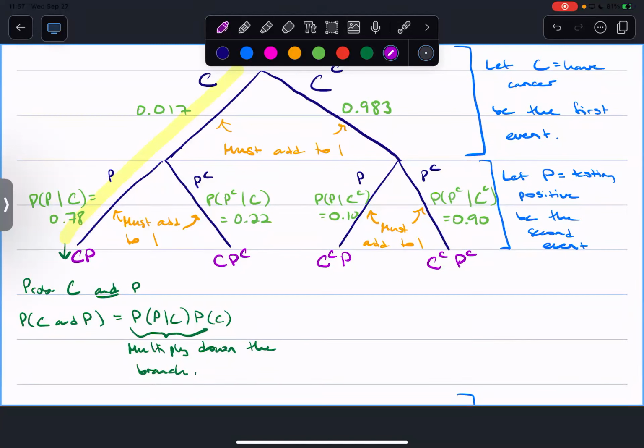It's just a summary of what happened down these branches.